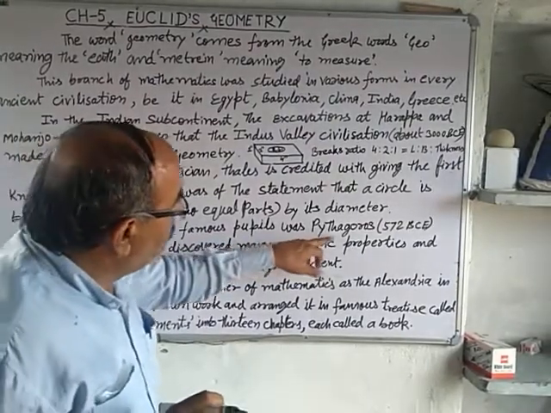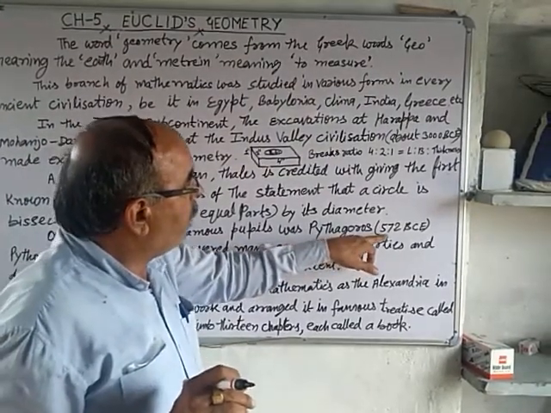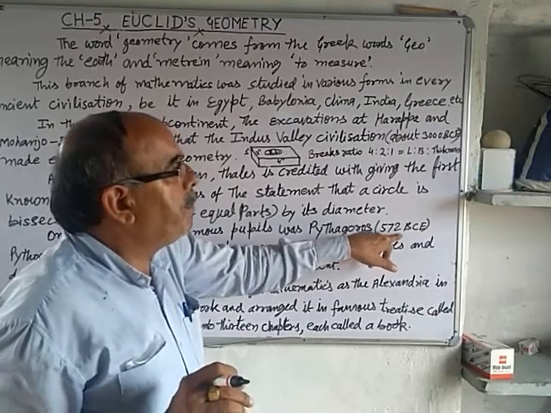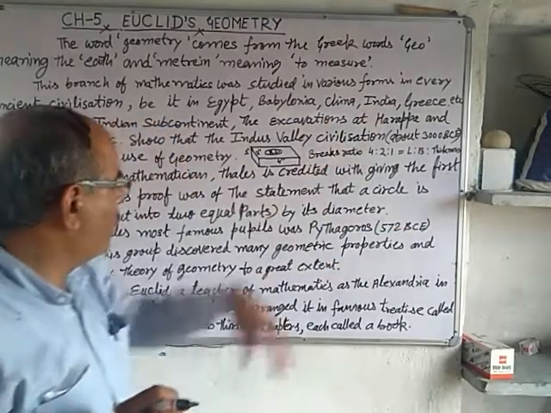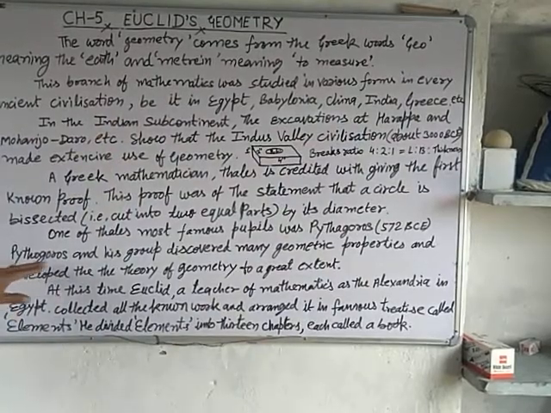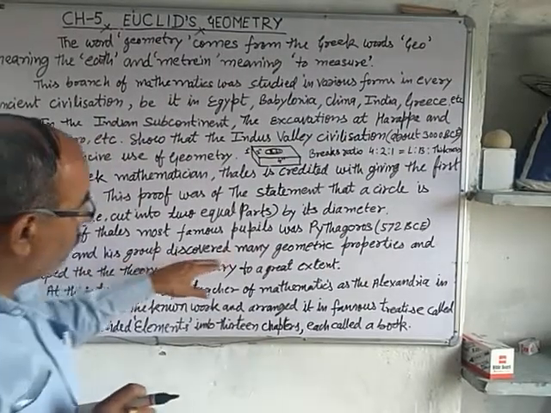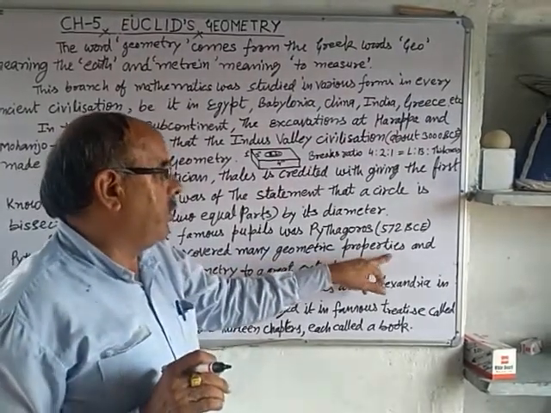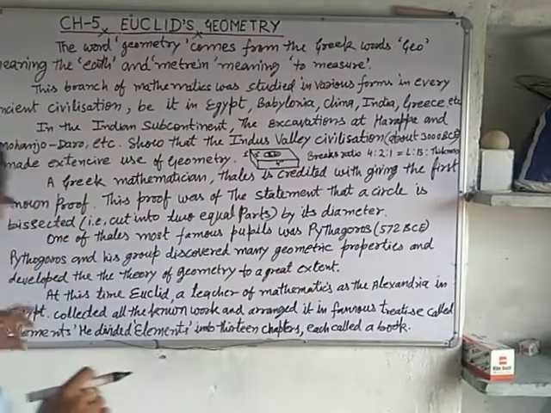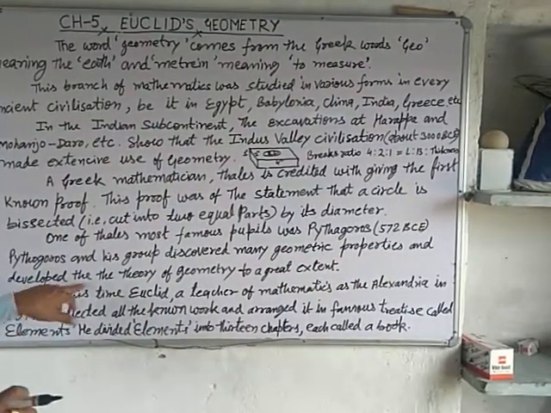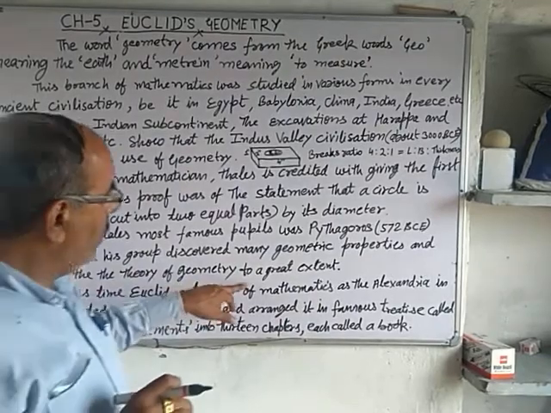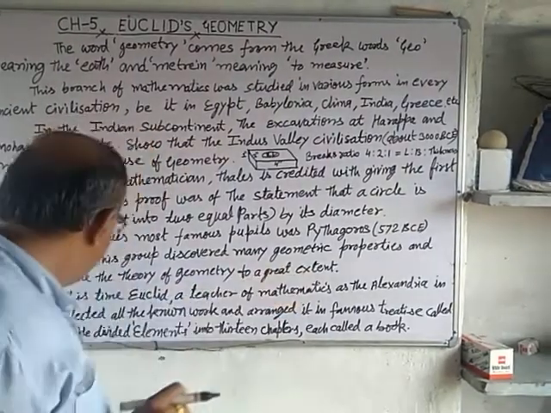When was Pythagoras born? 572 BC. Pythagoras and his group discovered many geometric properties and developed the theory of geometry to a great extent.